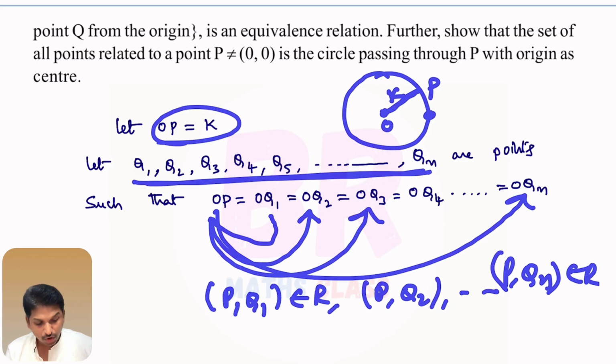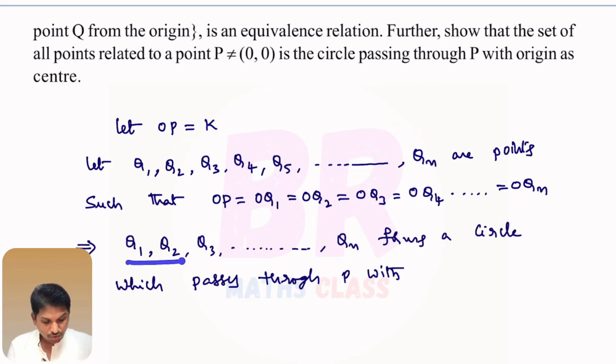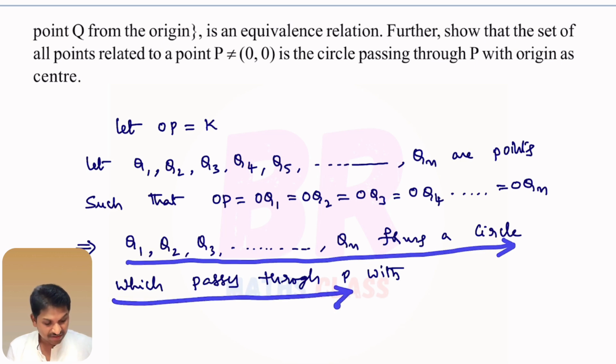If you join all such points, they form a circle. That circle passes through point P with O as the center. It can be understood easily.